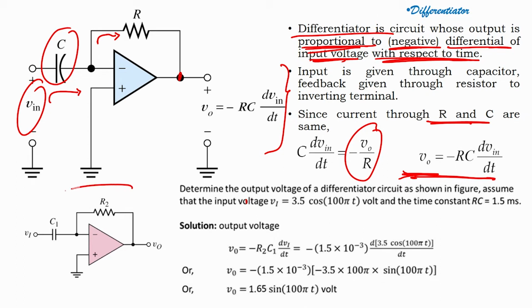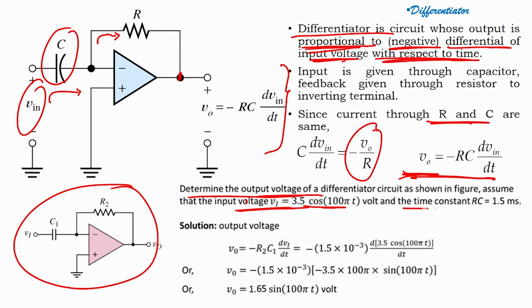Now, for this circuit, determine the output voltage of the differentiator circuit as shown in the figure. Assume that the input voltage is 3.5 volts and the time constant is 1.5 milliseconds. For the given input voltage and time constant, I had to find the output voltage. It is very easy because I know the formula: VO equals minus RC dV in by dt.